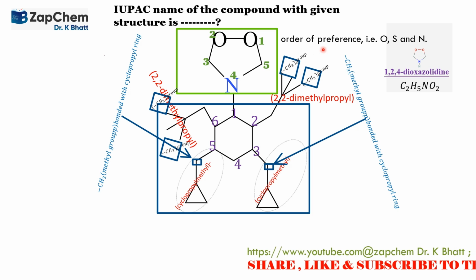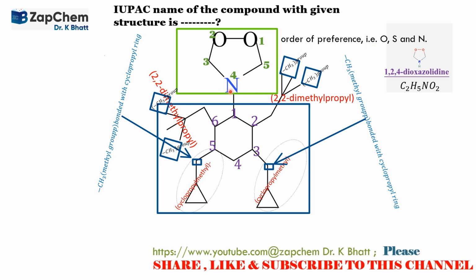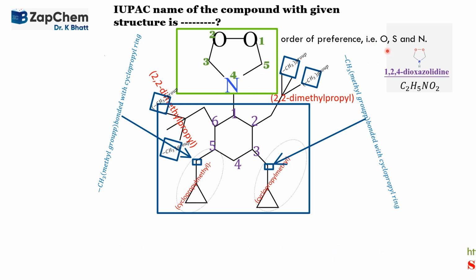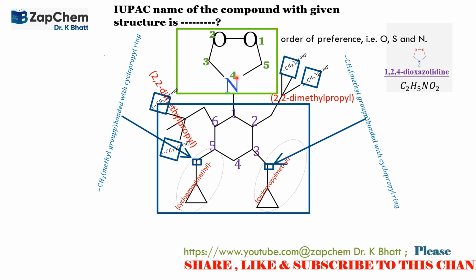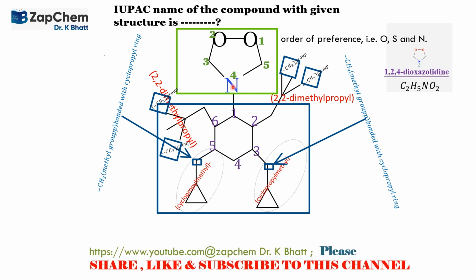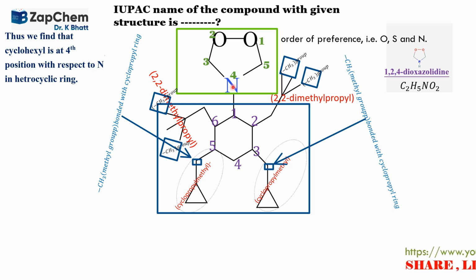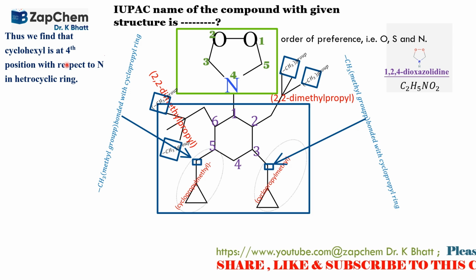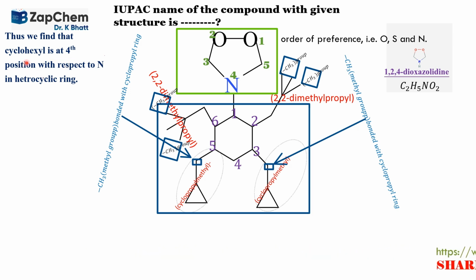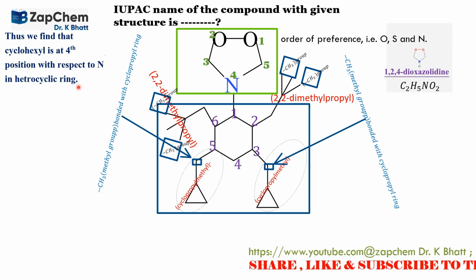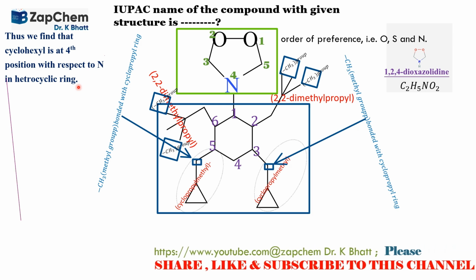The order of preference while numbering these different atoms is oxygen, then sulfur, then nitrogen. Of course, sulfur is not here. So that way we have numbered it, and we find that nitrogen gets the fourth position here. Accordingly, the cyclohexyl is at the fourth position with respect to nitrogen in the heterocyclic ring.